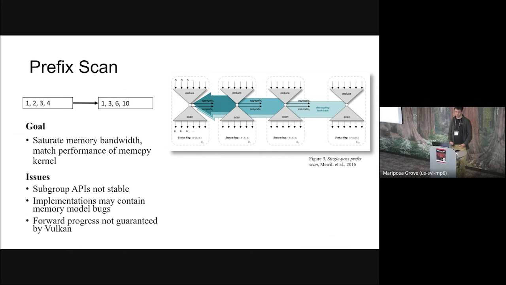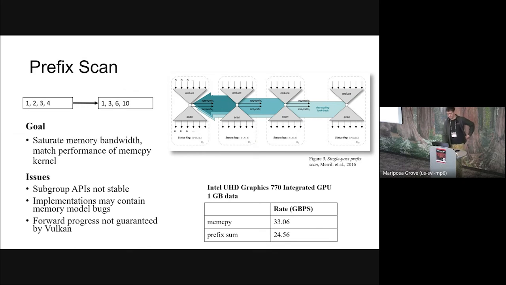And then of course, Vulkan still doesn't have any forward progress guarantees. So all the code I'm writing here is technically not supported by the specification. So if we want to write algorithms like this, there's still a lot of work to go. Eventually, I did manage to get this algorithm running on one GPU. It was an Intel integrated GPU. I did 1 GB of data prefix sum and compared that to a memcopy. You can see here that on the memcopy, I was getting around 33 GB per second.